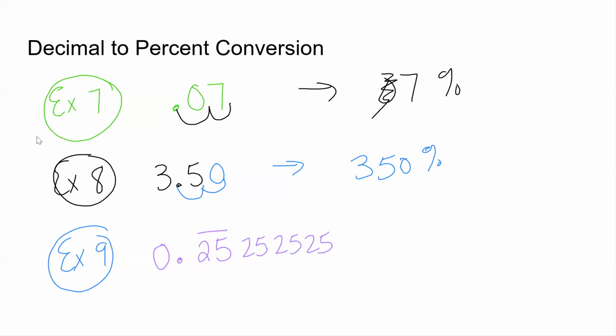Pencil on the decimal once, twice. So that's going to be 25 point, and then you can just put this one time, and then that's going to repeat percent. Okay, so you might have to fill in some of the repeatings to kind of catch the pattern there. Alrighty, that's all you got to do.